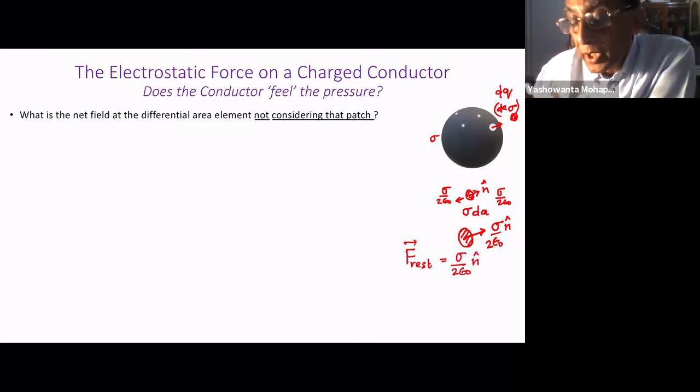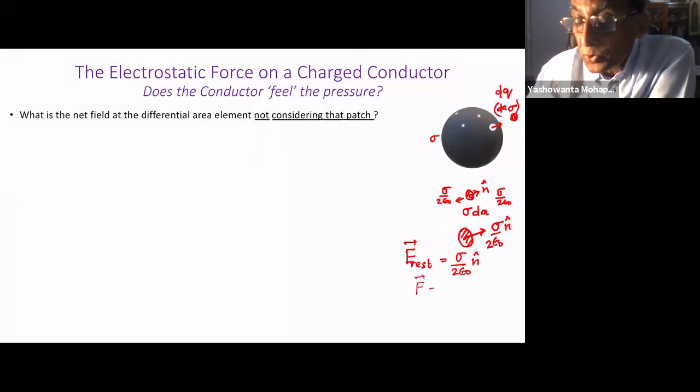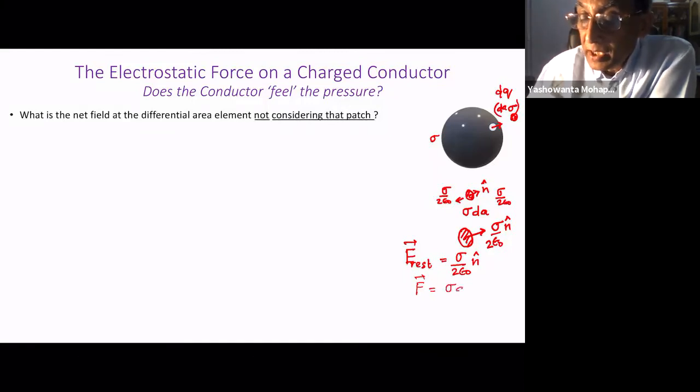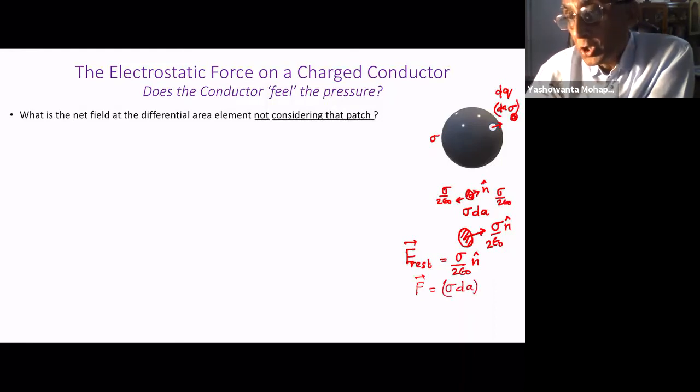All right, so this is the electric field. What will be the force? Force would be, of course, sigma dA, that is the patch, that is dQ, and the electric field is sigma by 2 epsilon naught n.